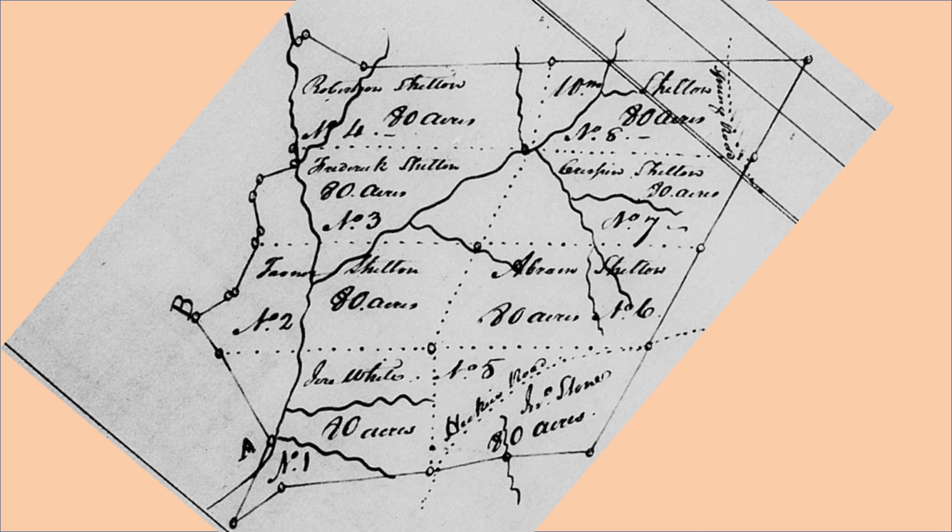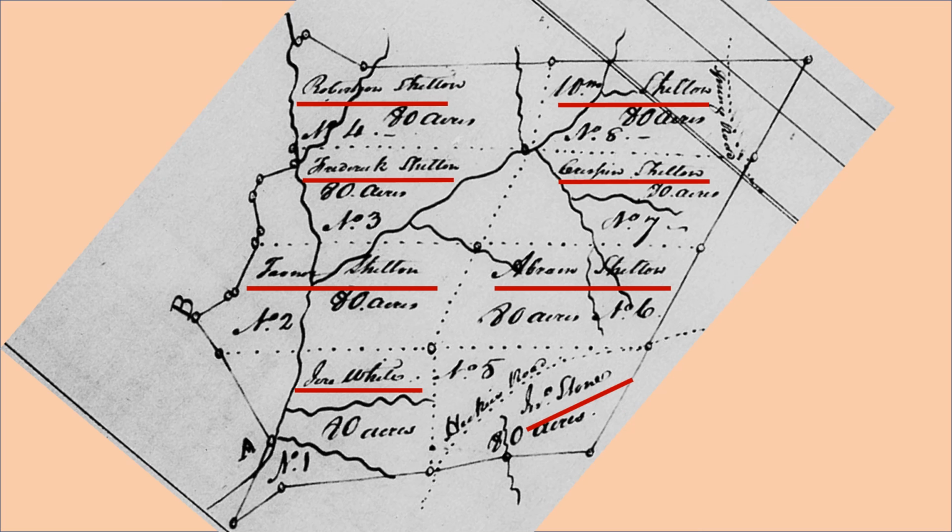Those who receive the 80 acres each are Robertson Shelton, William Shelton, Frederick Shelton, Crispin Shelton, Taverner Shelton, Abraham Shelton. These are the sons of Abraham Shelton. Jeremiah White and John Stone are sons-in-law, and they also received 80 acres.